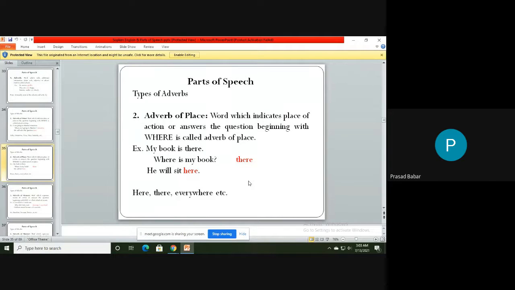If the word indicates place of action, or we ask a question to the verb beginning with where and find the answer in that sentence, then that will be the adverb of place.